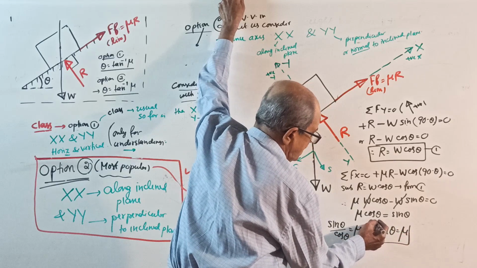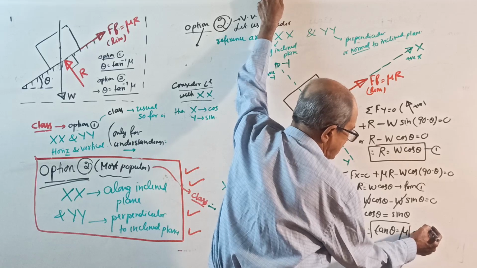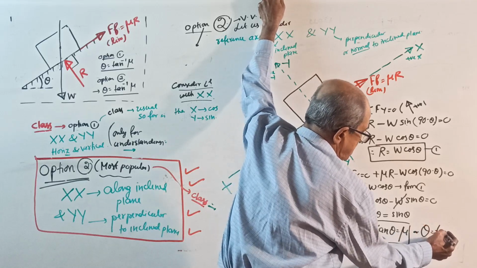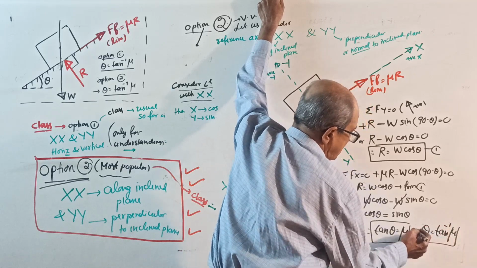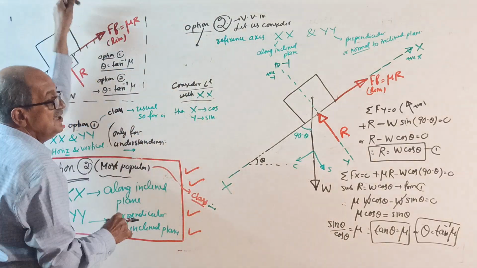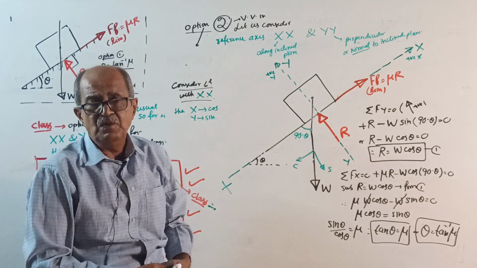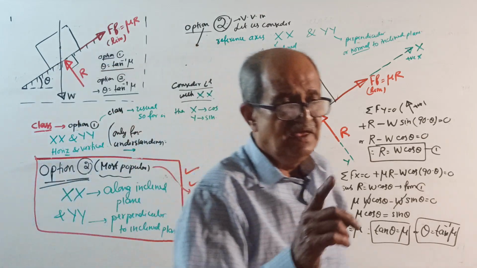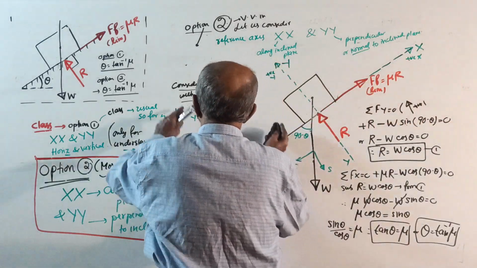This is the result actually, or you can tell theta equal to tan inverse mu. Yes, we got it here. Theta equal to tan inverse mu. So by both the approaches, we got theta equal to tan inverse mu. Now be careful, some statements are there. Everything I will remove now.